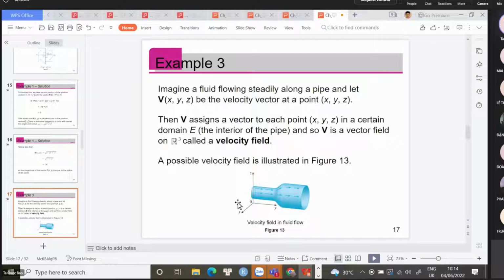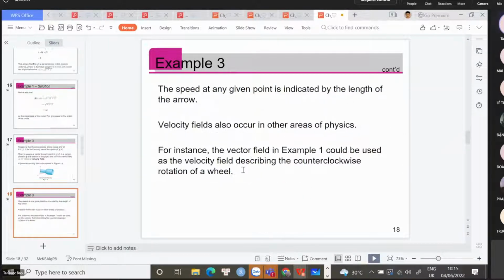Okay, and then v assigns a vector to each point (x, y, z) in a certain domain E. Okay, the domain E is the interior of the pipe, and now v is a vector field on R3, so we call it the velocity field. So this looks like this, right? So the speed at any given point is indicated by the length of the arrow, right?